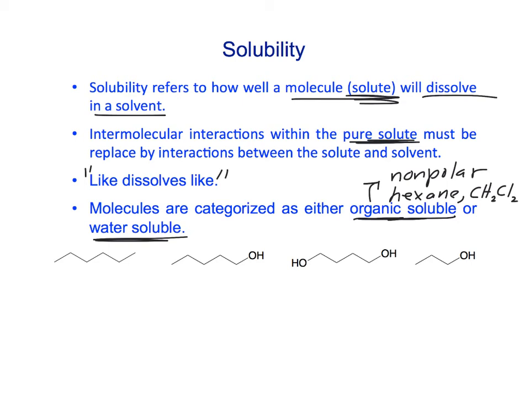But we're going to talk about organic soluble or water soluble. Let's look at these four molecules that I have listed here, and we're going to categorize them as either being water soluble or organic soluble. We're going to start with hexane on the left side. Hexane is very nonpolar, and so it's going to be insoluble in water.